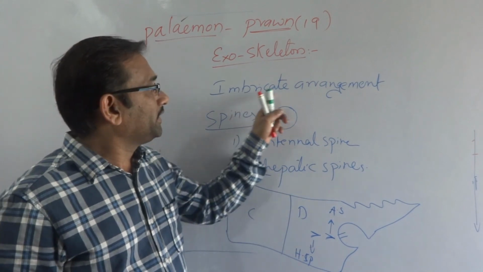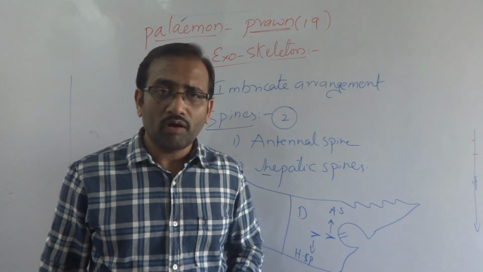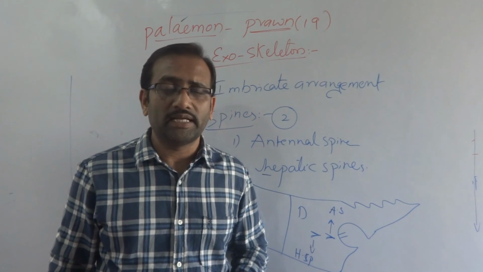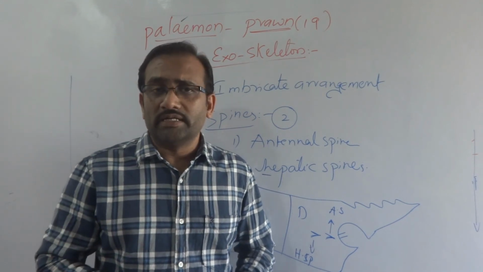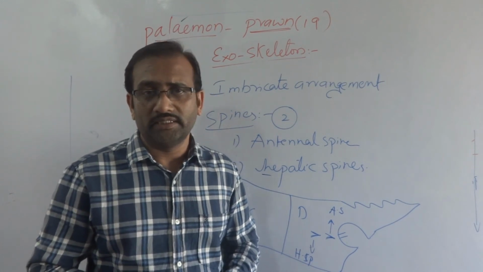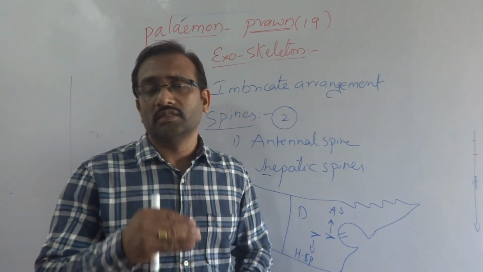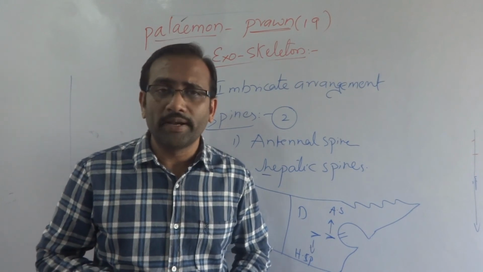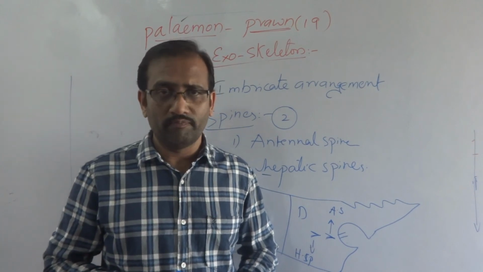And this is the imbricate arrangement: the tergum and pleura of one abdominal segment slightly cover the succeeding abdominal segment. Each abdominal segment is movable because between two abdominal segments there is a linking membrane called the arthroidal membrane. That's why they are movable.